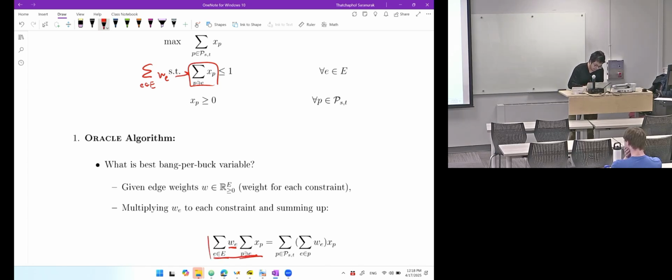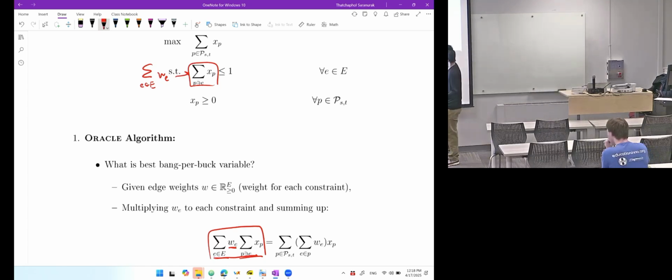And now what you want to see is which XP has the smallest coefficient. So to do this, we need to rearrange the sum, and then you get this.